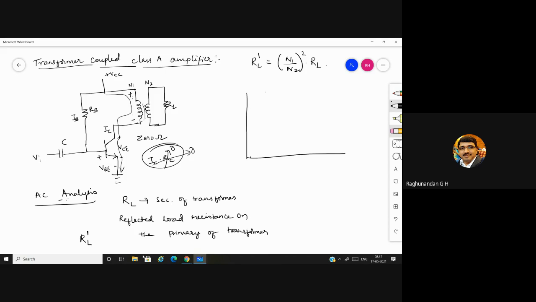Or here also will you have a vertical straight line or horizontal straight line or something else? Will you be able to plot a slope in this? Yes, sir.